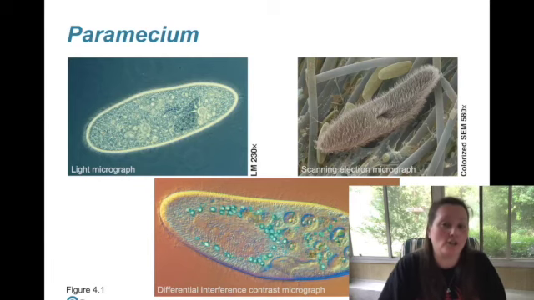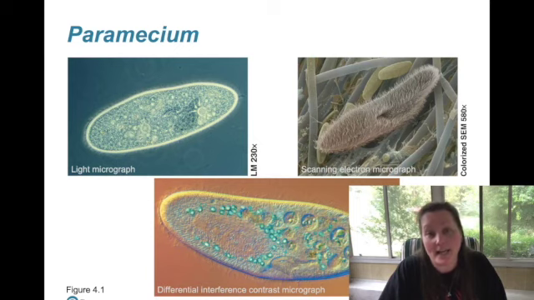So here's variations of these pictures. We have a paramecium. So we have the light micrograph. So that would be your typical type of microscope. Then we have the scanning electron one. This guy, not alive anymore, but look at the detail on the surface. Pretty cool. And then, yes, it's colorized because the scanning electron microscope does not have any color. You have to add that in for the pretty picture.